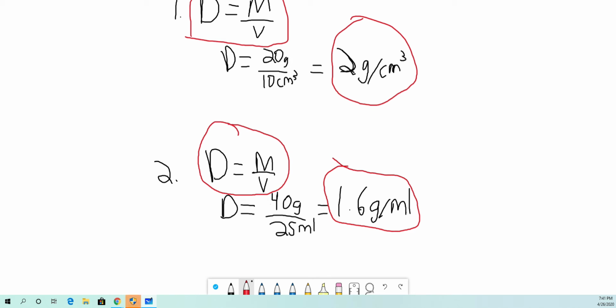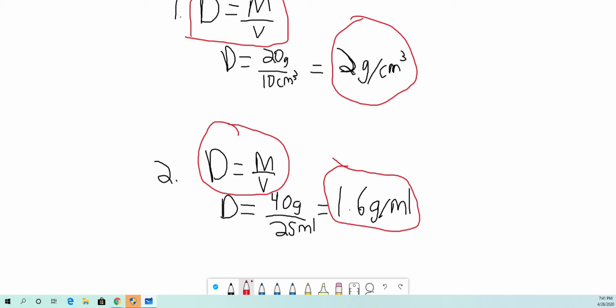It tells us we have a mass of 40 grams. 40 grams is going to go where m is, 40 on top. It then tells us we have a volume of 25 milliliters. Again, milliliters gives it away, it's volume. So our 25 milliliters is going to go on the bottom where the v is.